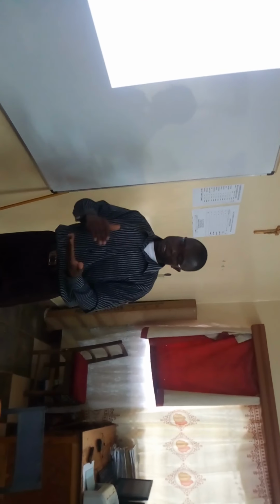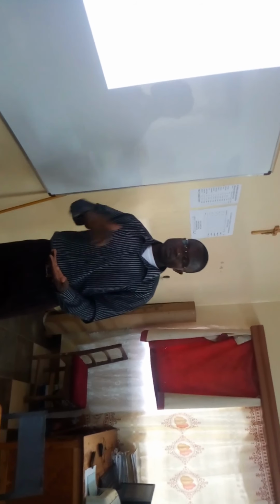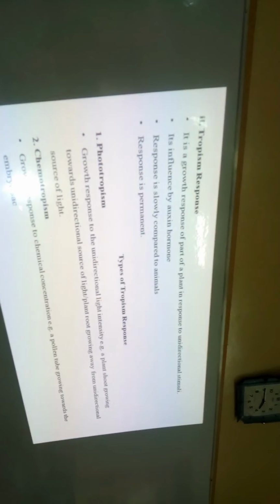Termites moving towards the breadcrumbs in a petri dish are able to obtain food. Those are the survival values. Also, we can say they are the significance or importance of those tactic responses.